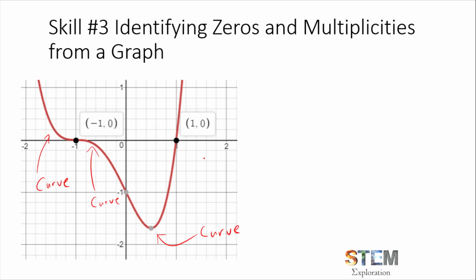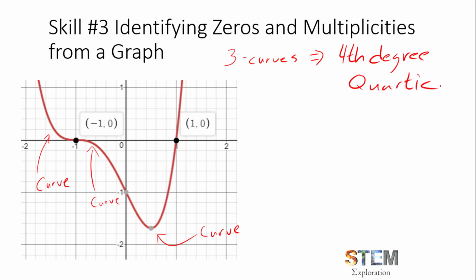So there are 3 curves, and since there are 3 curves, you always go one number higher than the number of curves you have. That tells me that this is a 4th degree, or quartic, polynomial. So there should be 4 solutions.